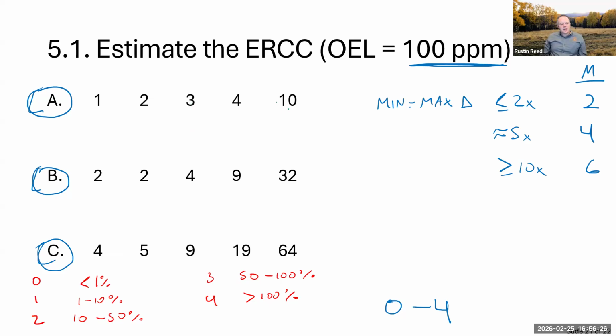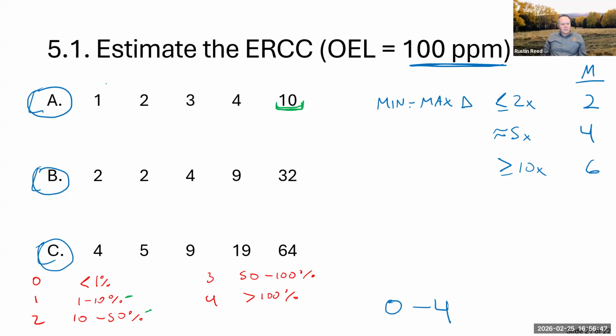So if we check our max here on the first one, it's 10. That puts us down here, or we might call that category number two if we want to be a little bit more conservative. But we can't pick zero for sure.